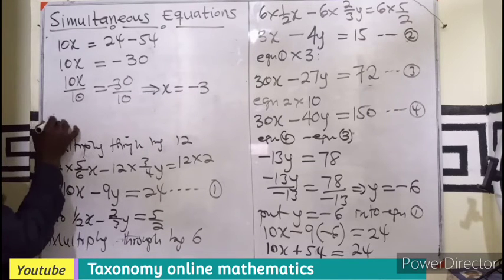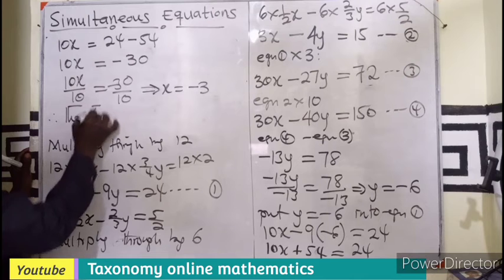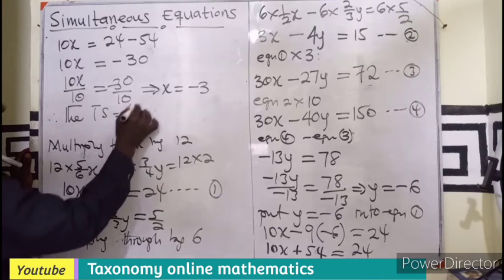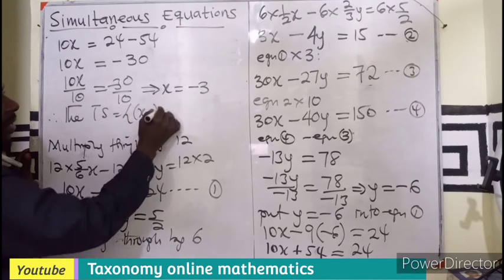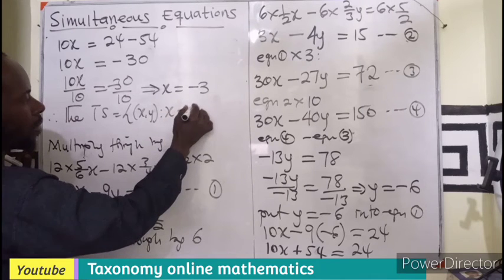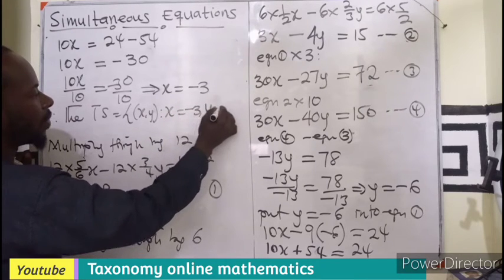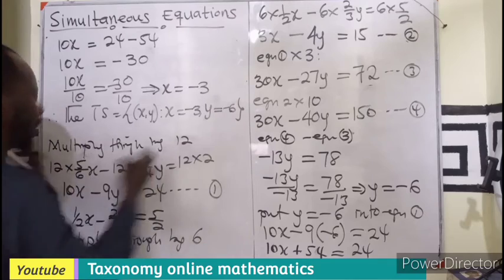So therefore, the truth set is going to be the set of x, y such that x is equal to minus 3, y is equal to minus 6.